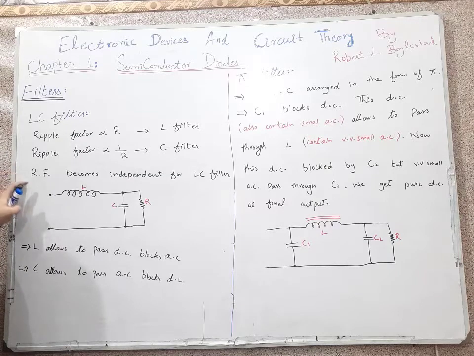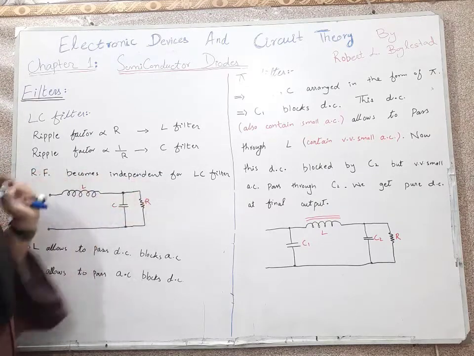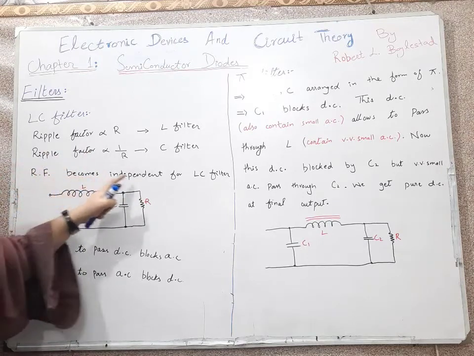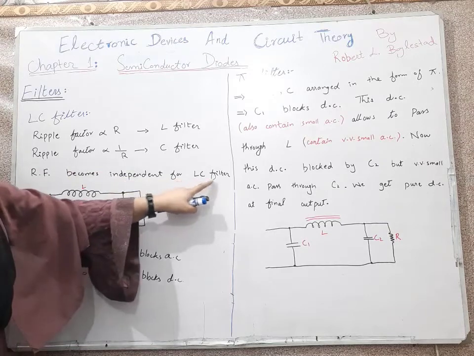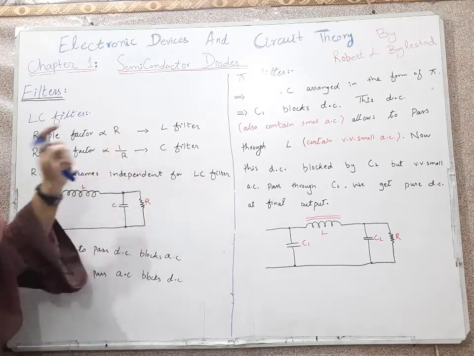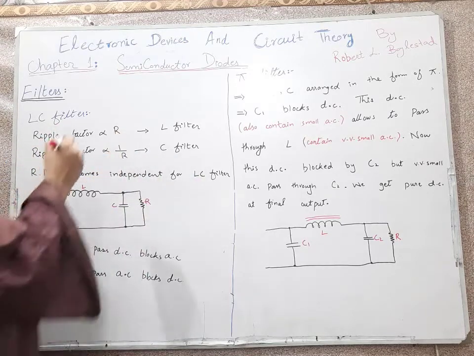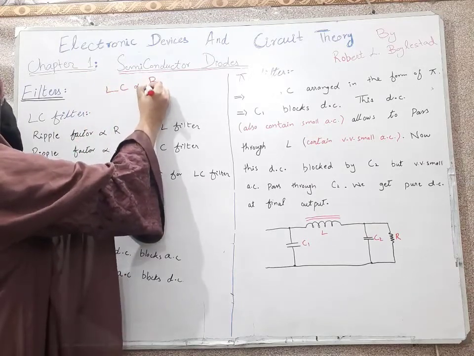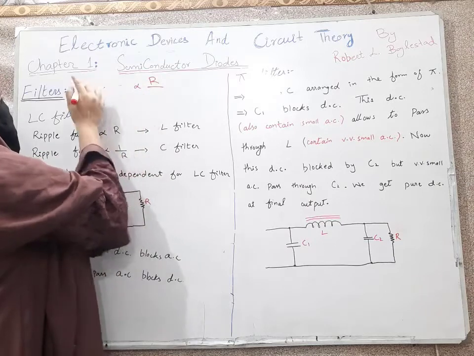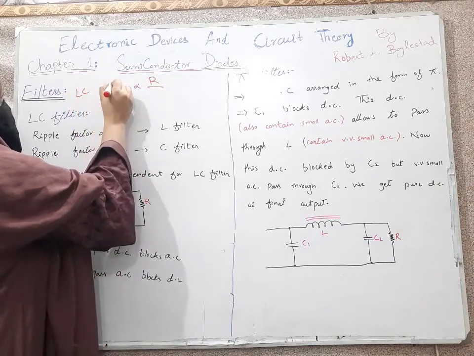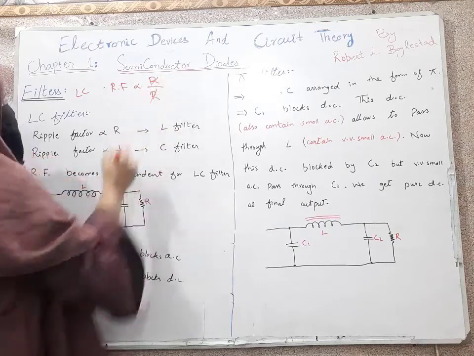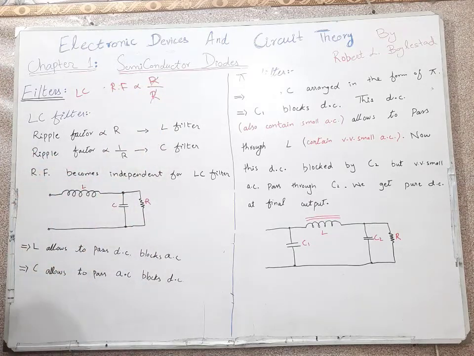So our ripple factor in the LC filter becomes independent of resistance. For the LC filter, we have the ripple factor like this, and it becomes independent of resistance.